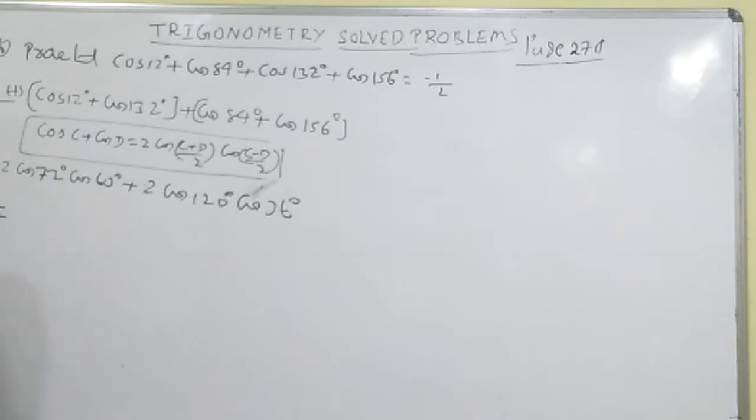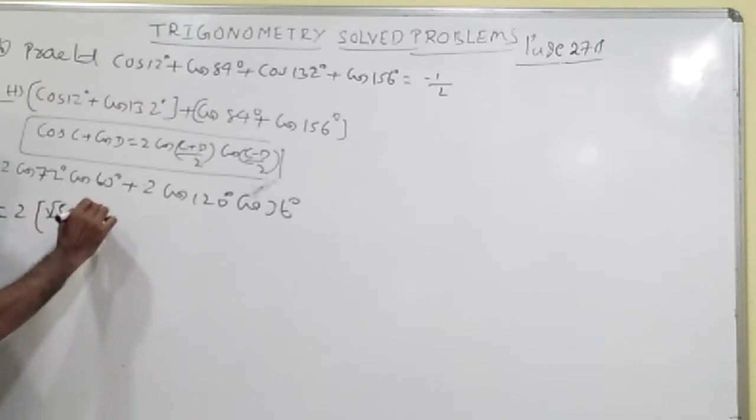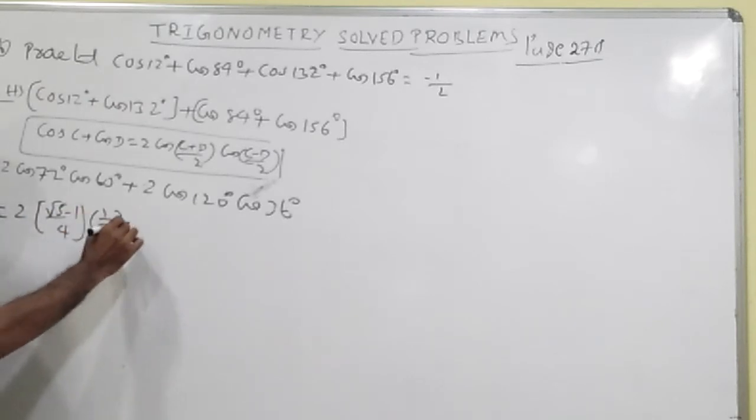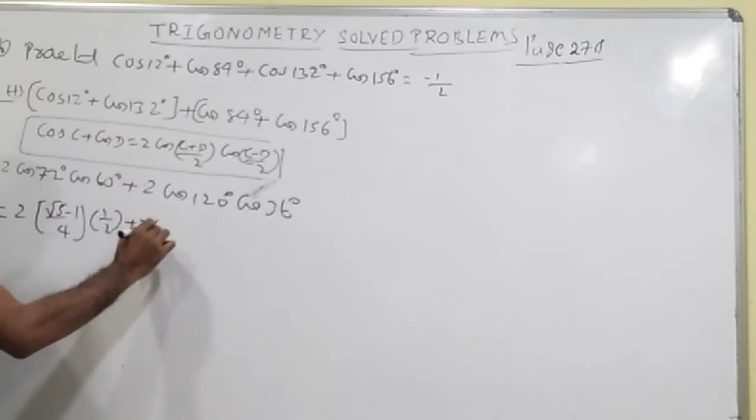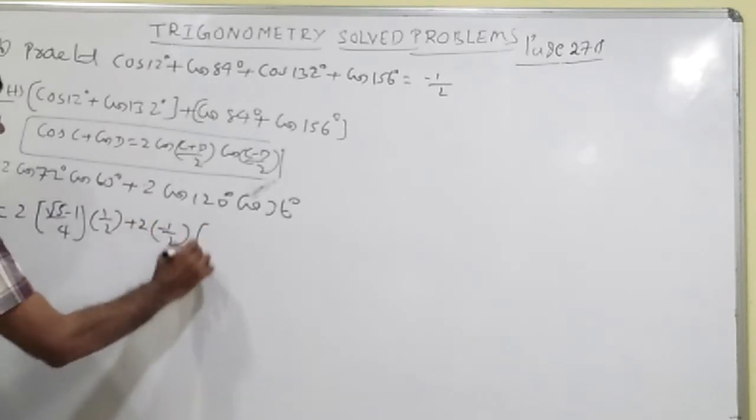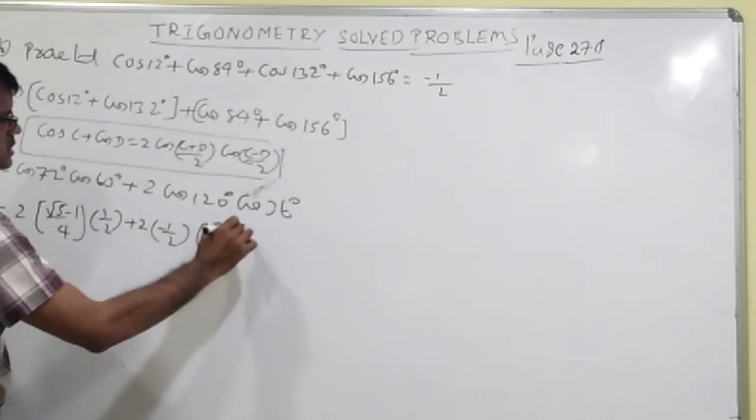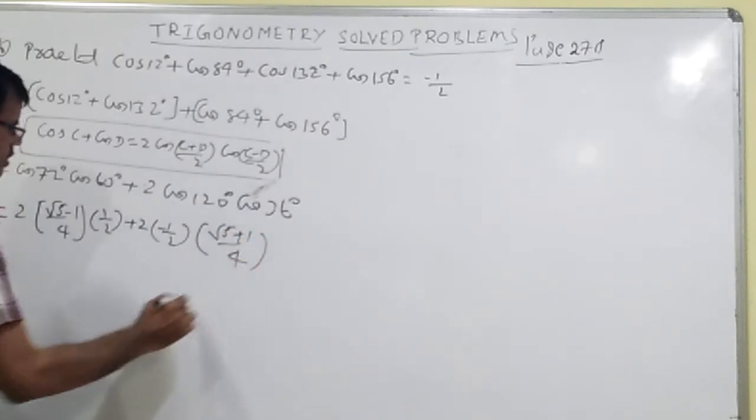Next, 2 into cos 72 is nothing but sin 18. The value of sin 18 is (root 5 minus 1) by 4, into cos 60 value 1 by 2, plus 2 into cos 120 value minus 1 by 2, into cos 36 value (root 5 plus 1) by 4.